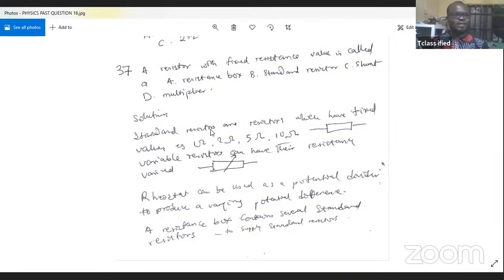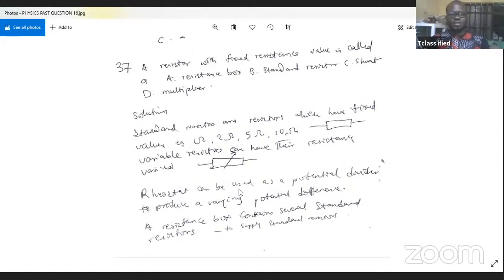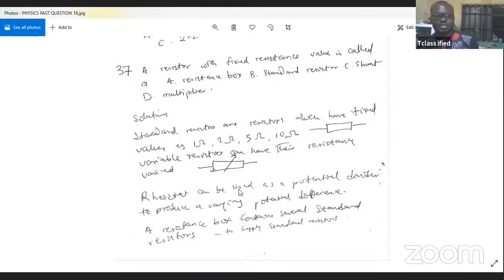Example, they can have values like 1 ohm, 2 ohm, 5 ohms. And this is how you represent a standard resistor. Whereas a variable resistor can have varied resistance. This is how you represent a variable resistor. So with that, you can see that the answer is B, standard resistor. These other definitions are just what you need to know in this very topic.